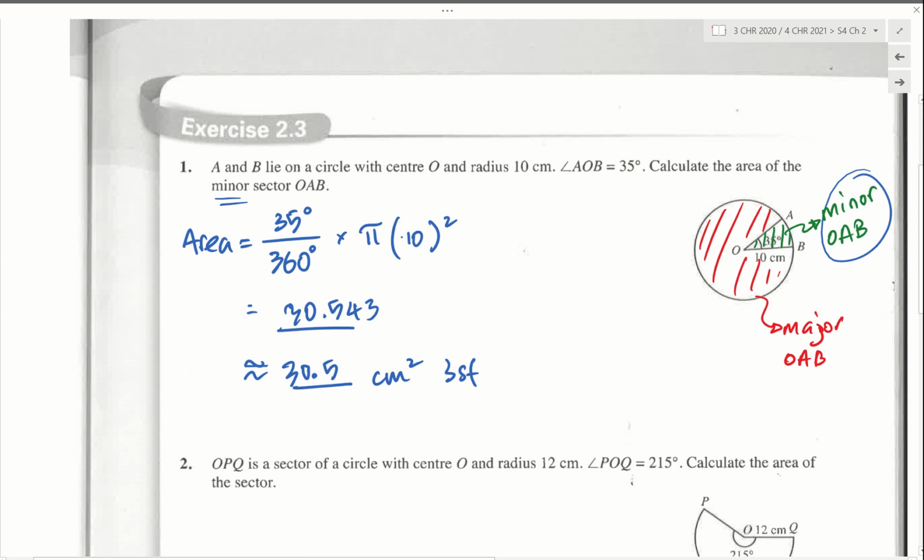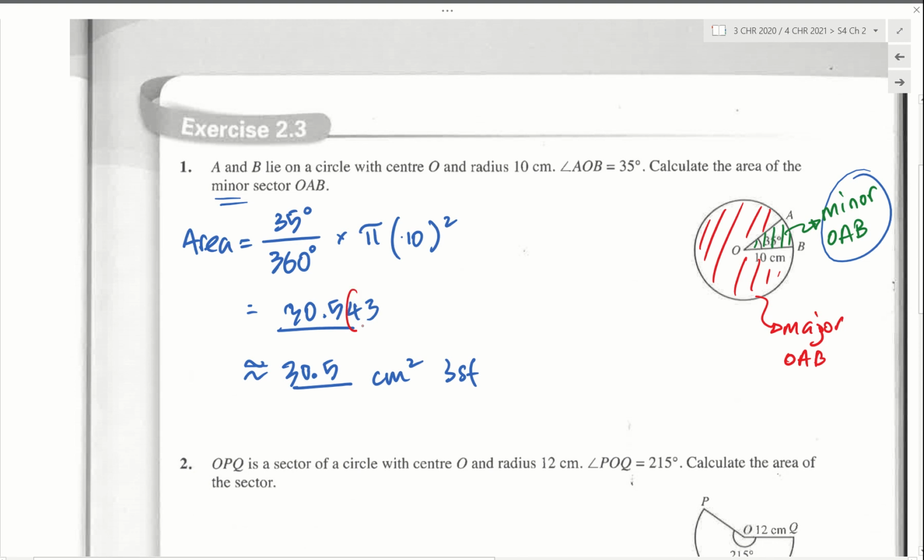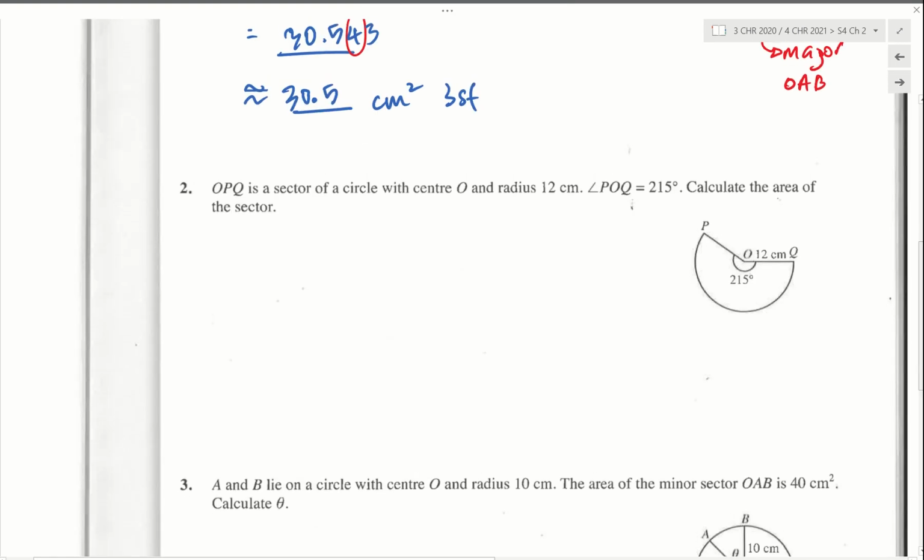30.5 square cm here. So how do we round off? We circle the fourth SF, then we don't need to change. So this is the answer. Now your job, do question 2 now. Question 2, area of the sector.